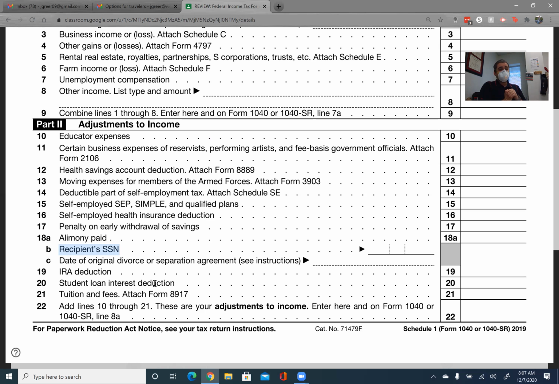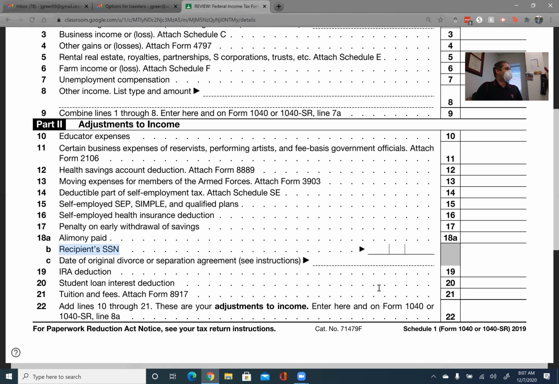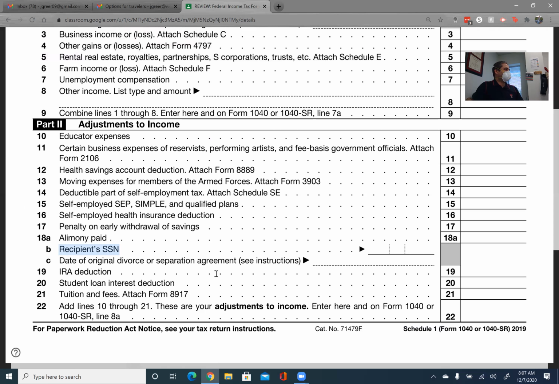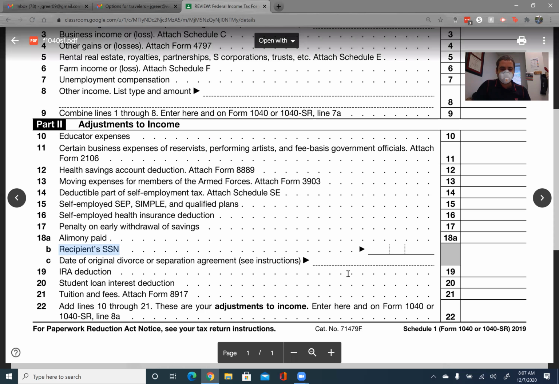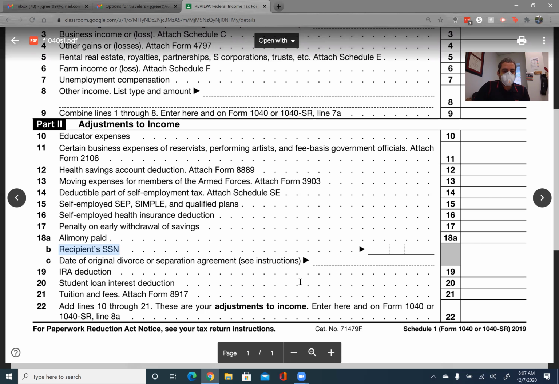So it may be a situation where you would attach 3 Schedule 1s. Can't just do like plus? No, I don't think so, because it's asking, yeah. But I would again have to look at the instructions to see where that is. Okay. But you're going to put that here.